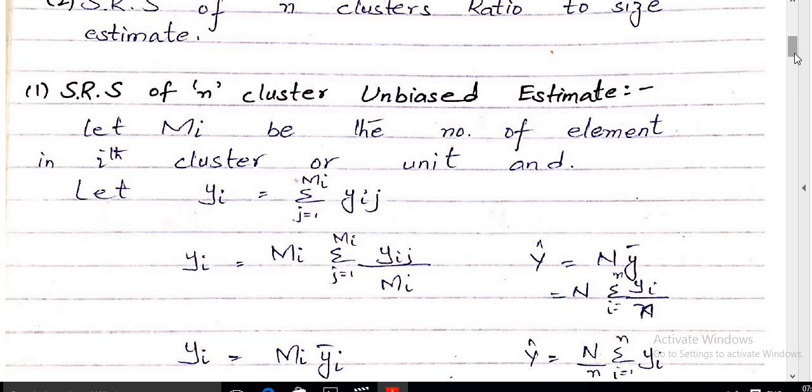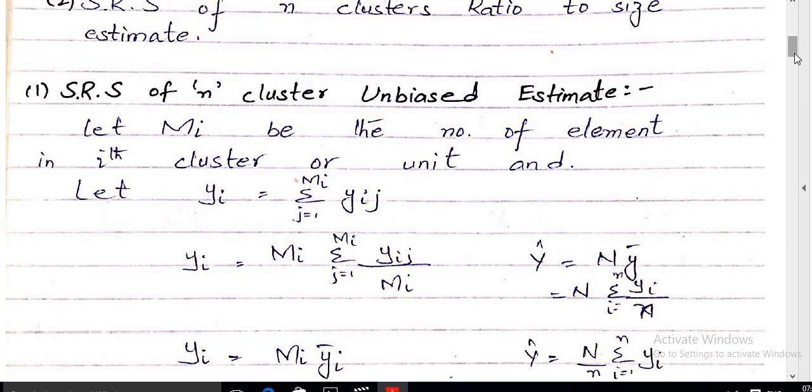Because we have different numbers of units in each cluster, the size of m will change for each cluster. Y is equal to the sum of j varying from 1 to mi of yij, where j is the number of clusters.